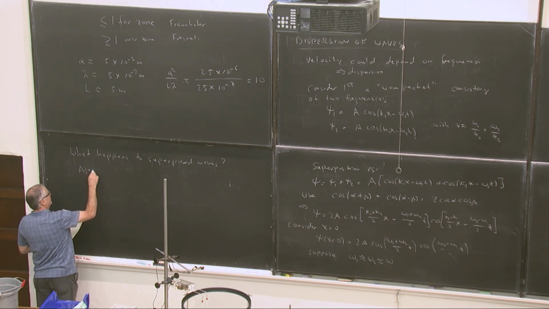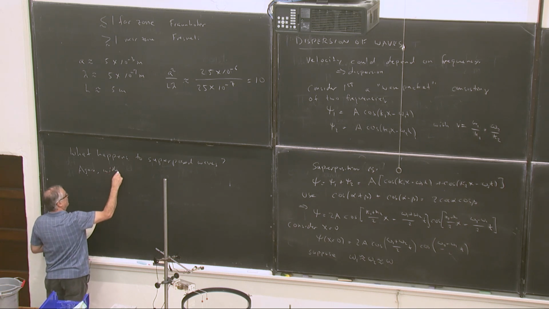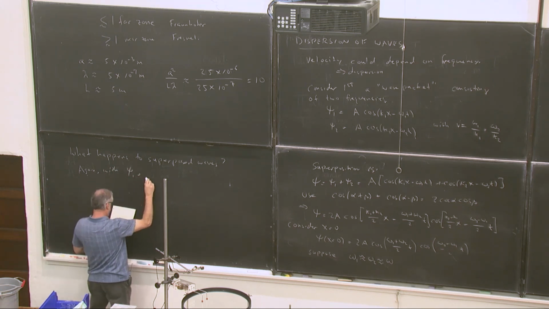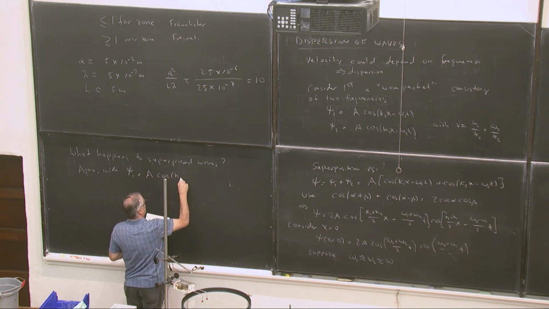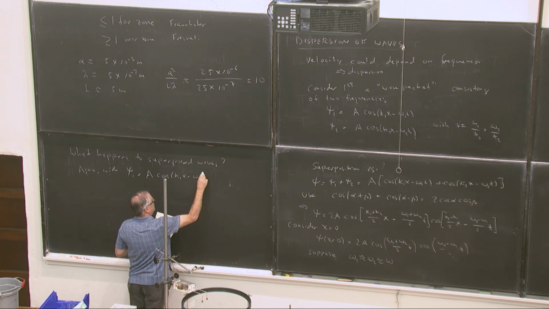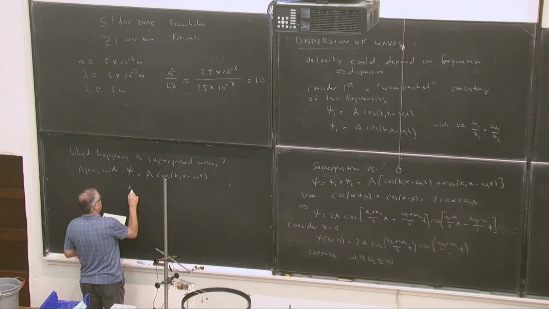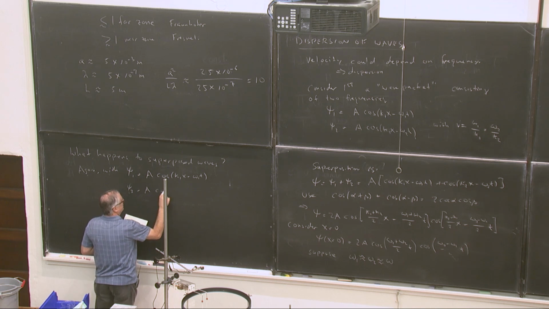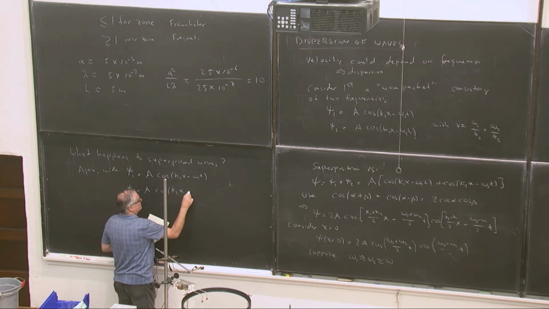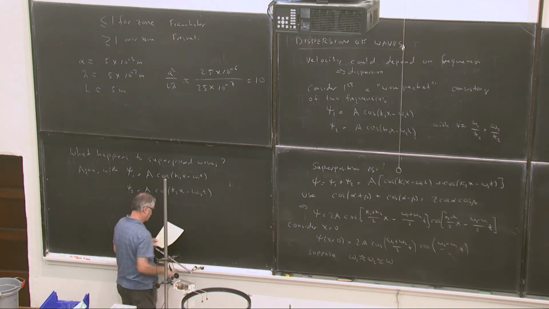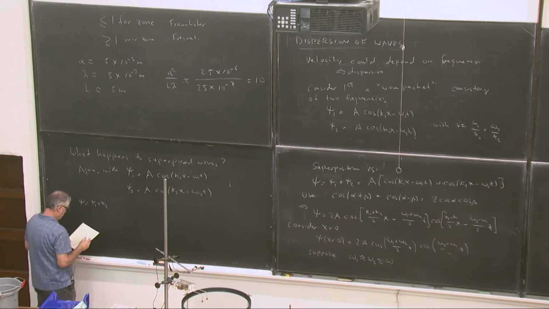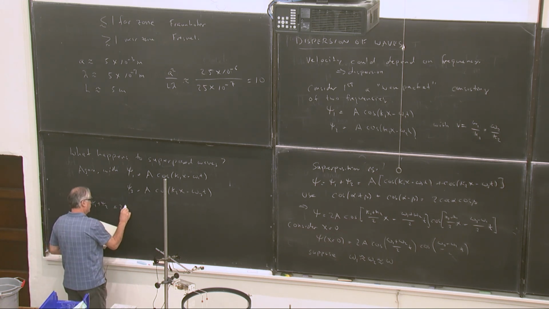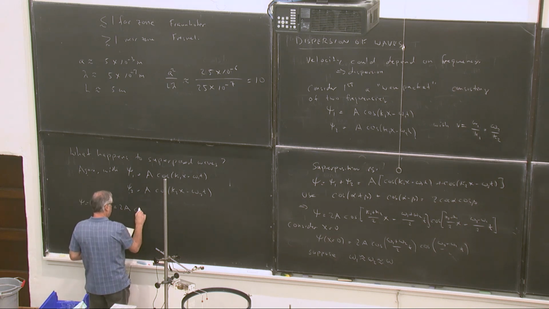We just go through it again. Psi 1 equals, we're still giving amplitude A, cosine K1x minus omega 1t, and psi 2 equals A cosine K2x minus omega 2t, or psi equals psi 1 plus psi 2 equals 2A times cosine.